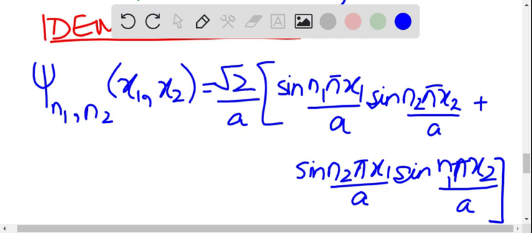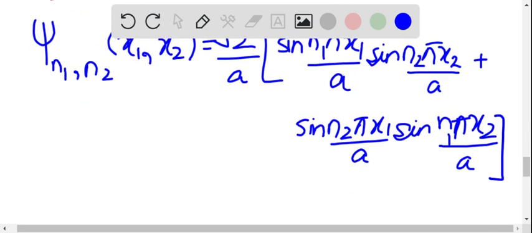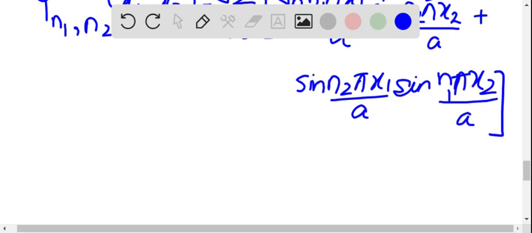So next what we are going to do is write the excited state, right?